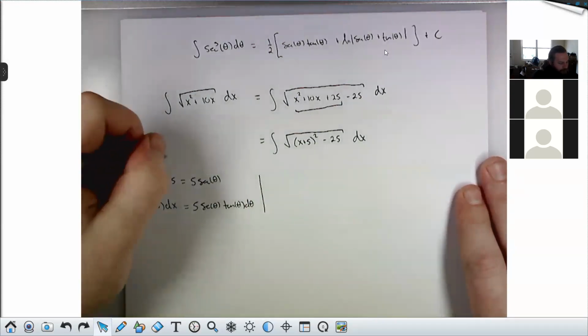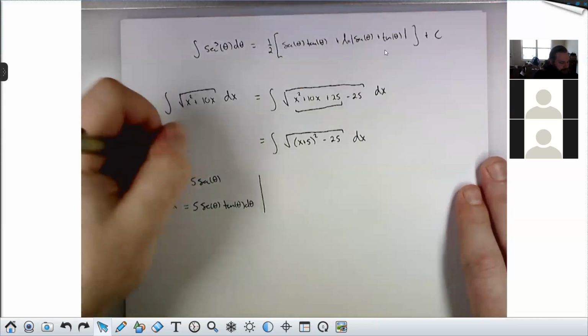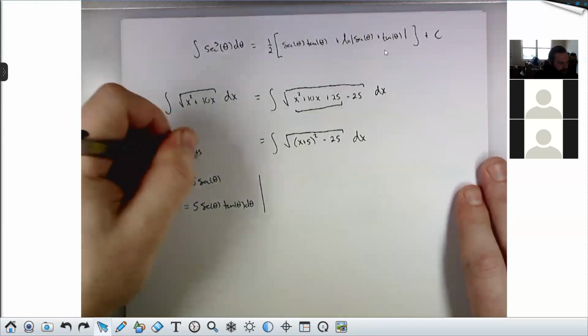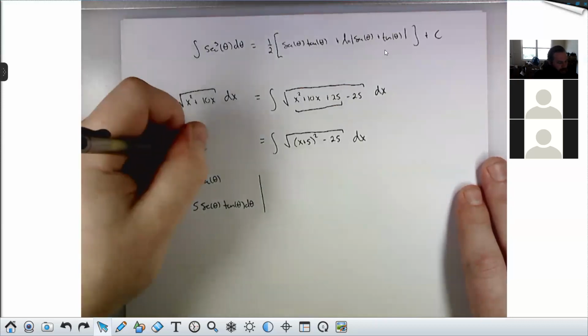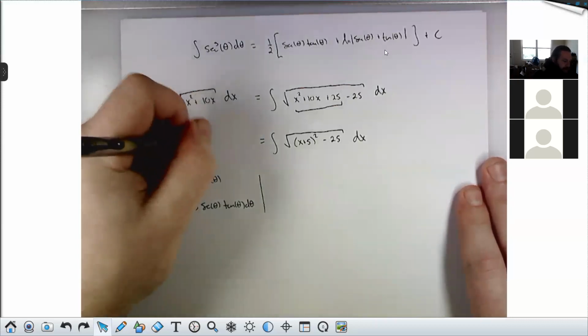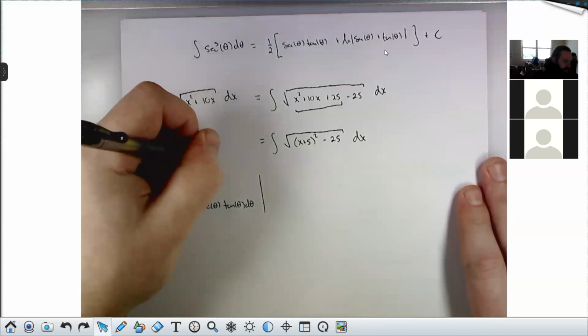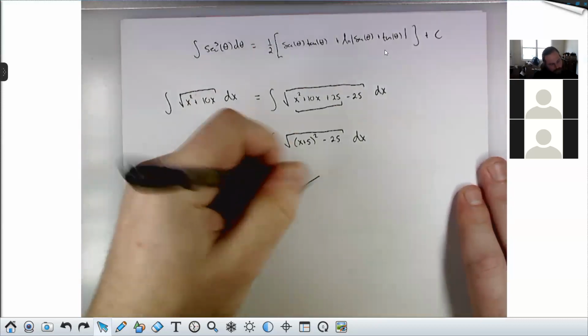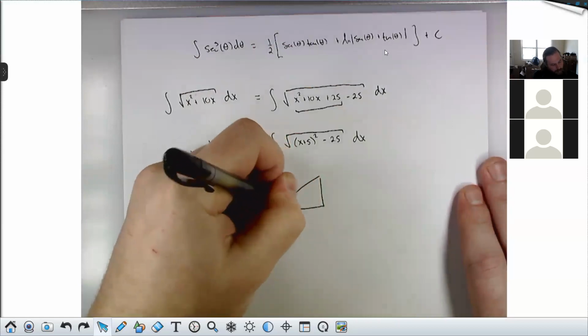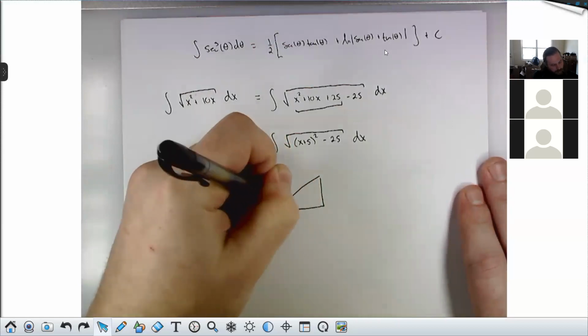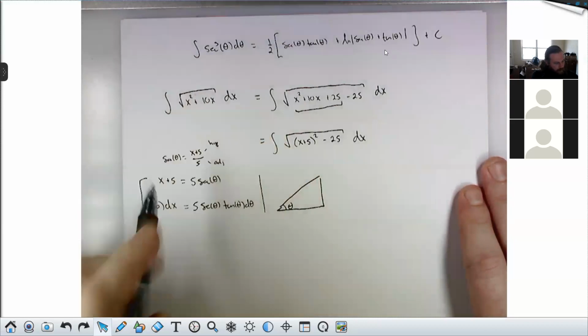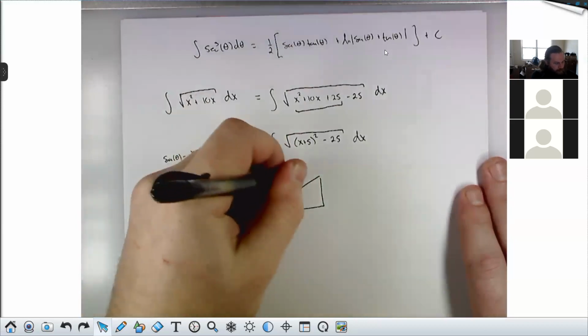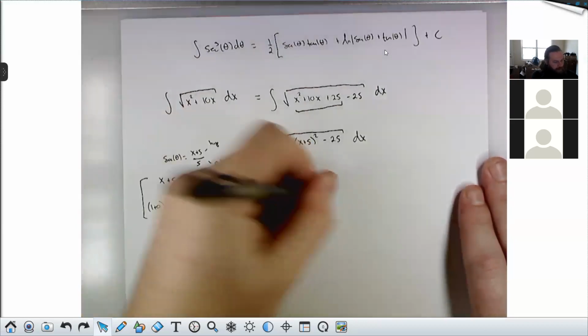This means that secant theta is x plus 5 over 5, and we can interpret that as a hypotenuse over an adjacent. So my triangle is going to look like x plus 5 here, and the adjacent side is 5.